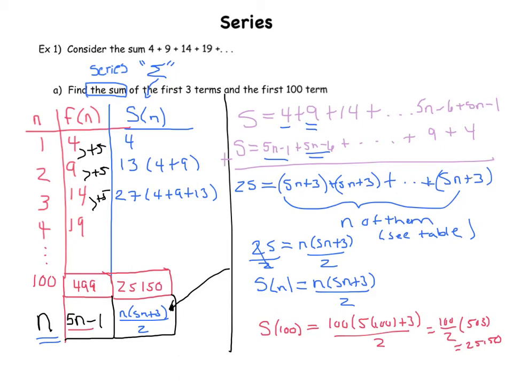All right, so we answered the question, but again, we kind of took a tour of something more important, which is that we came up with a formula. So what I want you to see is that we have a nice organizational tool here, a table, which tells us that our sequence can be expressed as a function.